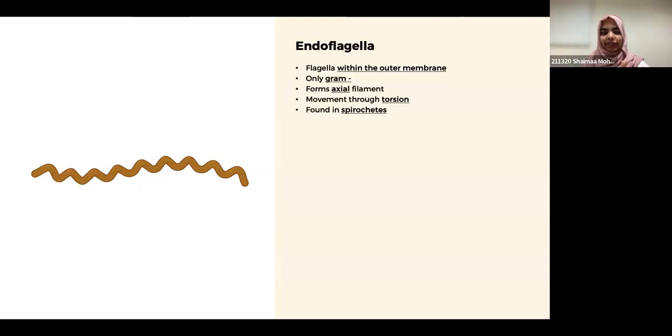Treponema. What disease does treponema cause? Syphilis, yes, okay. And what's the other bacteria? Another one? Okay, Leptospira is also one. And another one?